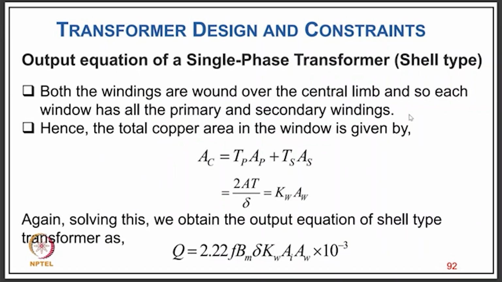Each window has the primary and secondary winding, and the total copper area in the window is given by AC equal to (TP plus TS) AS, that is 2 AT upon delta into KW into AW, and after solving this we obtain the output equation as 2.22 F Bm delta KW AW AI into 10 to the power minus 3.